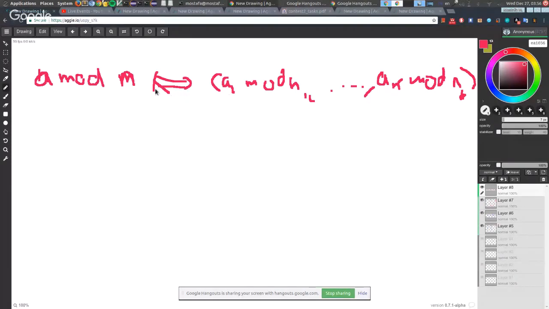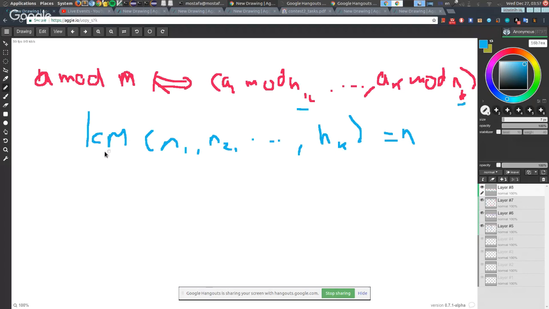Somehow we want to make this transformation in both directions. And here we have to have the condition that the LCM of these n's, n1 up to nk, is equal to n. So all of these numbers are divisors of n. The transformation in this direction is pretty easy.